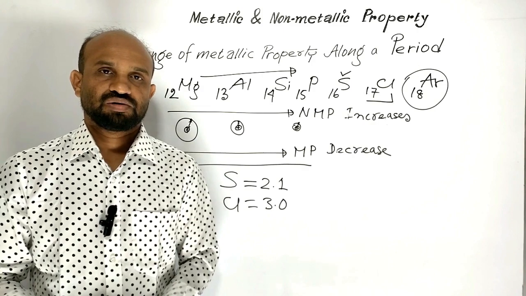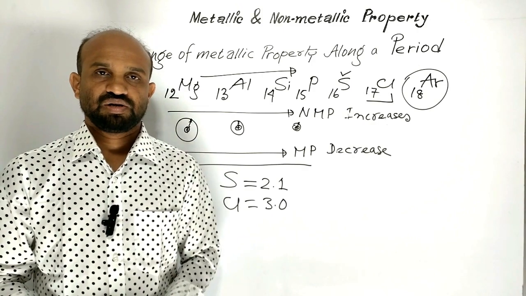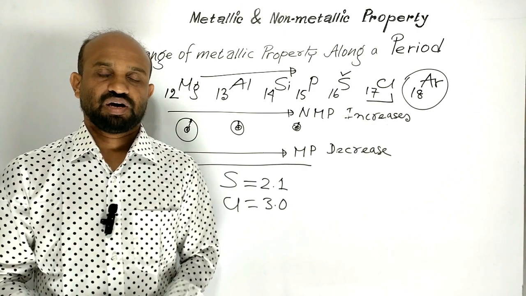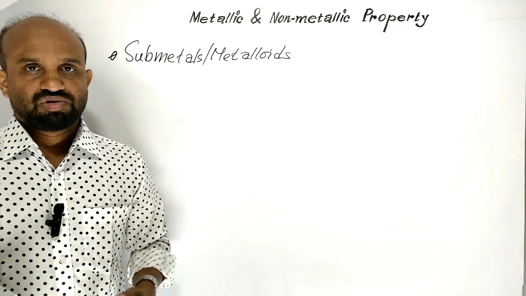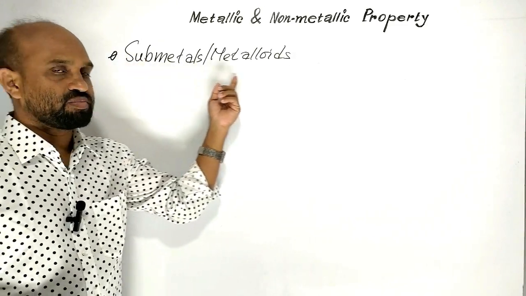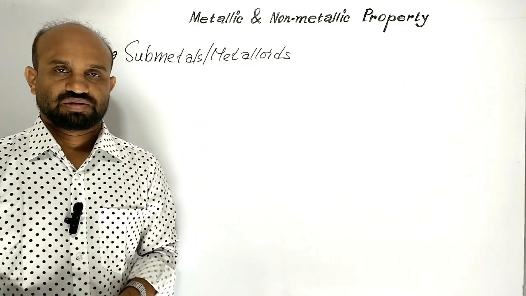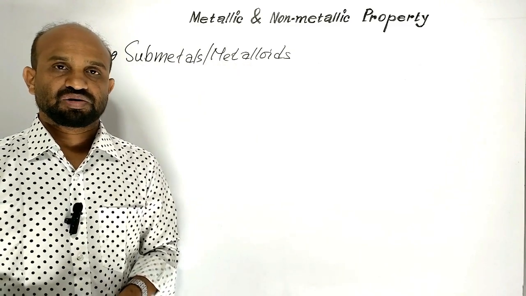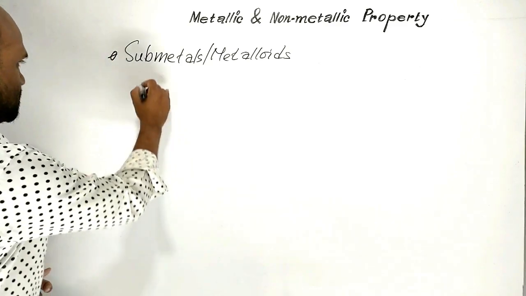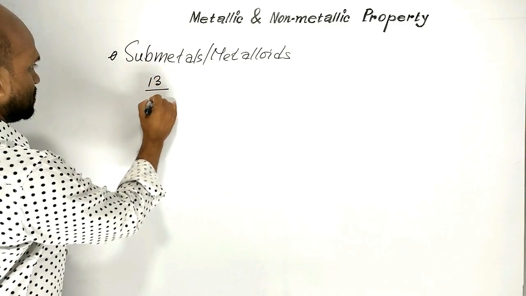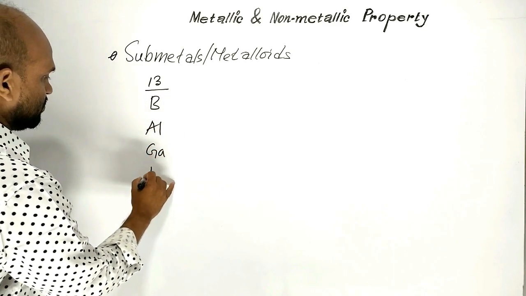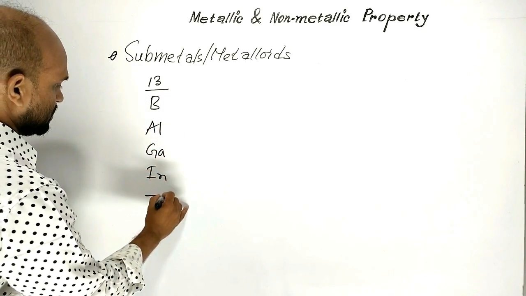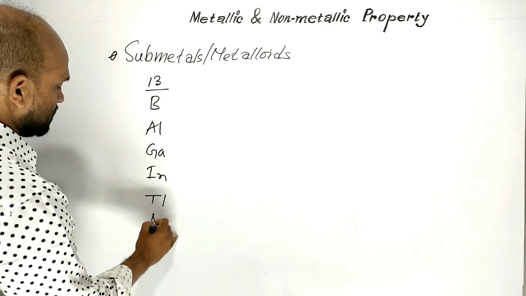This is about metallic and non-metallic property along a column and along a period. Let's move on to the next point. Now the point is submetals or metalloids. Let's write a part of the periodic table. Column 13, boron, aluminium, gallium, indium, thallium, nihonium.